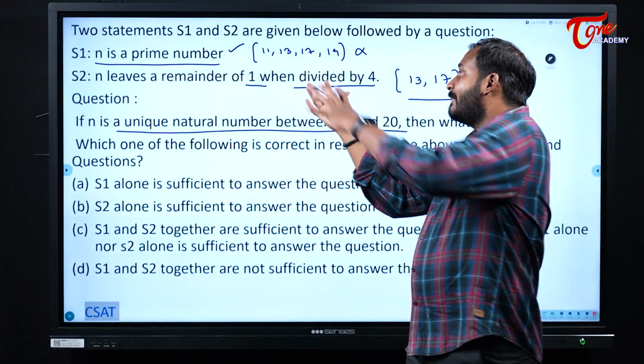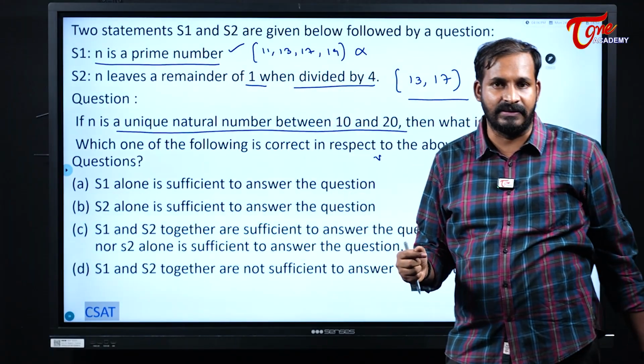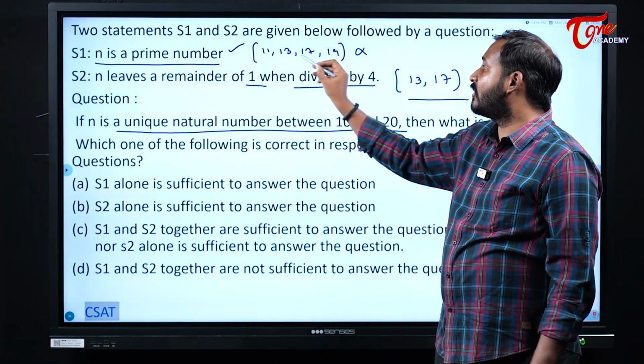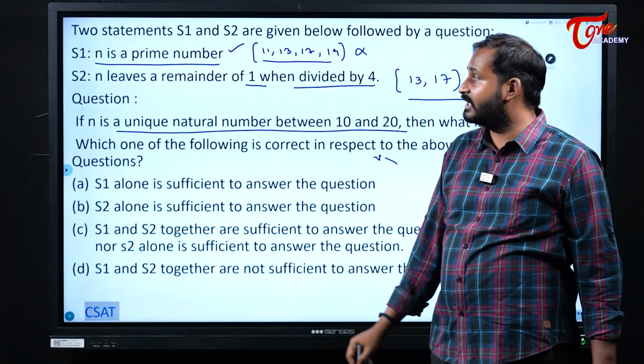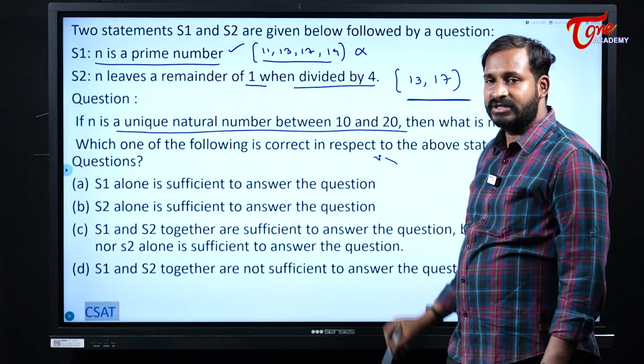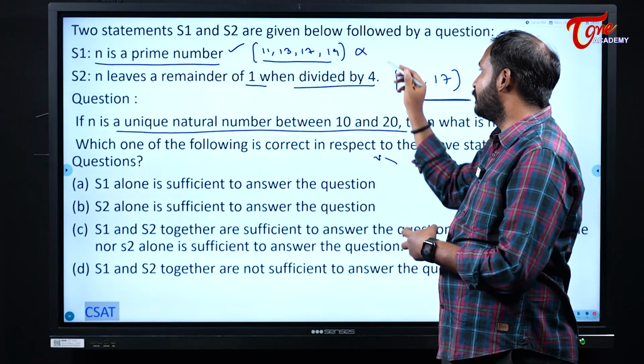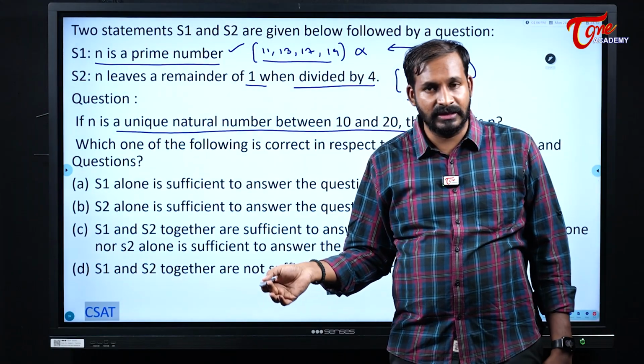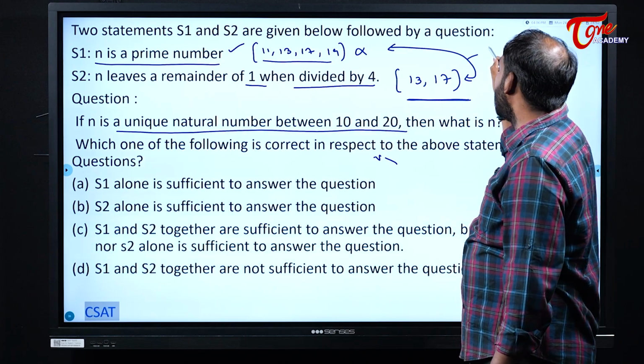Now, I will try to combine these 2 statements, statement 1 and statement 2. With the help of both statements, can I tell my answer or not? According to the first one, I have 11, 13, 17 and 19. According to the second one, I have 13 and 17. By joining these 2, can I tell a single value? No. Even by joining these 2 statements, I have 2 chances.